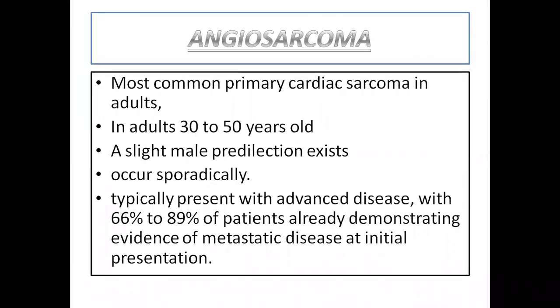The first type is angiosarcoma, the most common type, which can occur between 30 and 50 years in adults. A slight male predilection exists. It can occur sporadically and present at advanced age, with 60% typically already demonstrating evidence of metastasis at initial presentation.